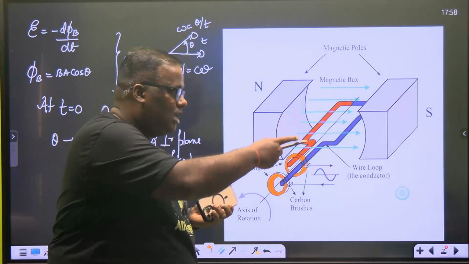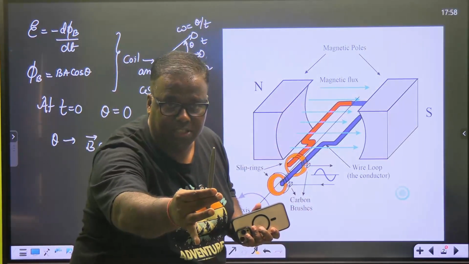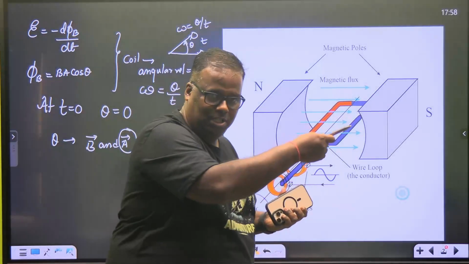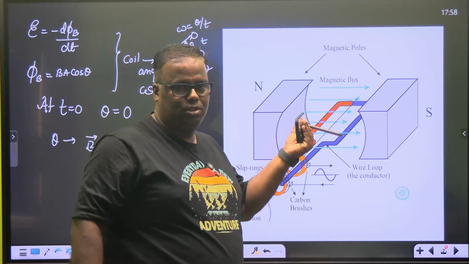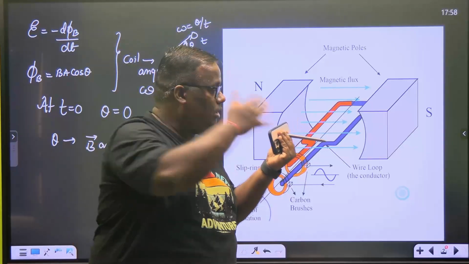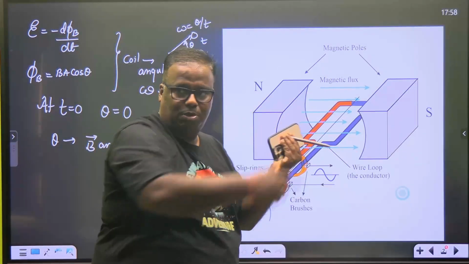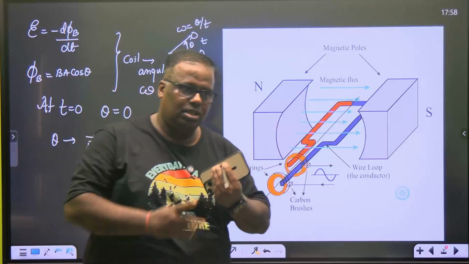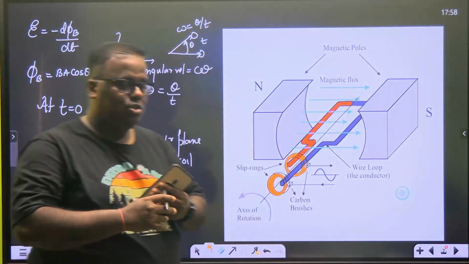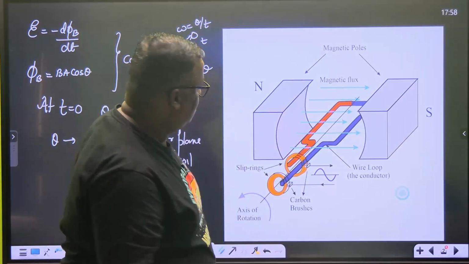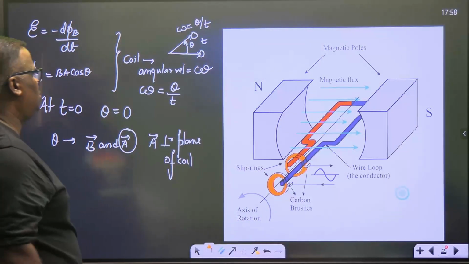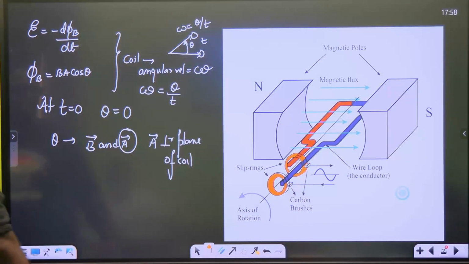So no issues. This is my A vector. My A vector should also be in this direction. So what can be the position of the coil? The coil is now just vertical. Then only this is the A vector. A is perpendicular to the coil. Have you understood this? So the coil is right now in this vertical position, right? So at theta equal to 0, we say how much?